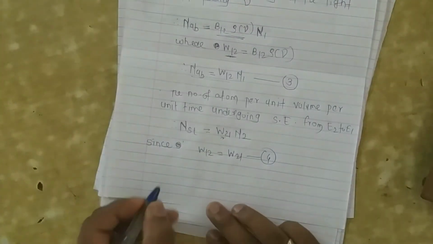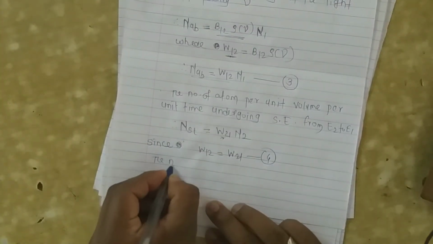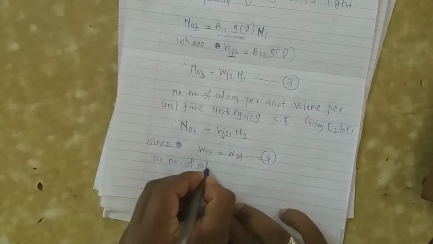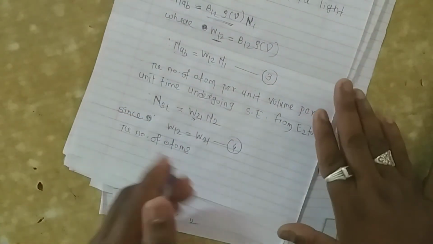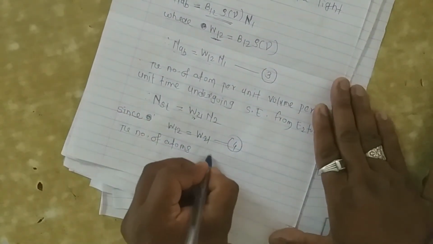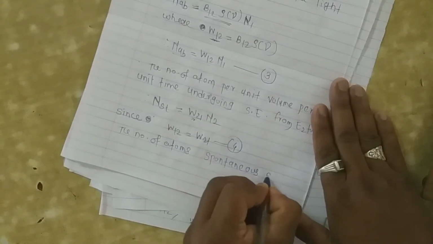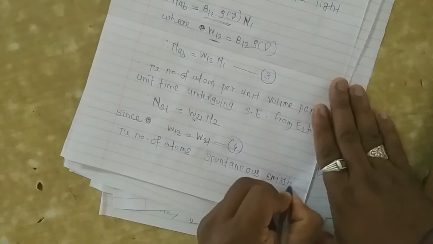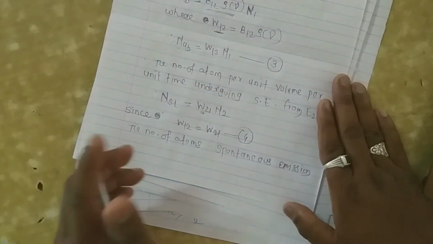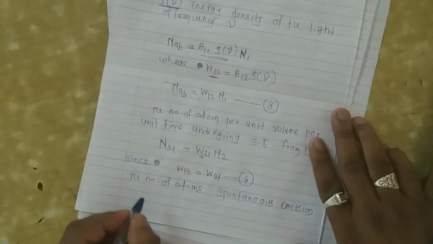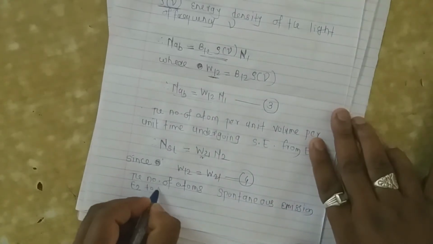Then the third one is the number of atoms undergoing spontaneous emission, or spontaneous transition, from which level? From E2 to E1.